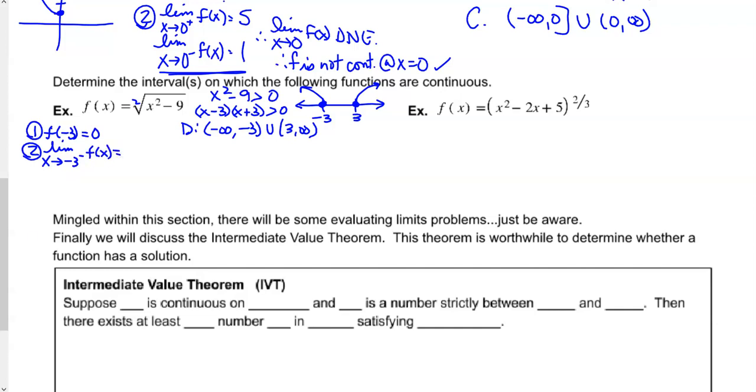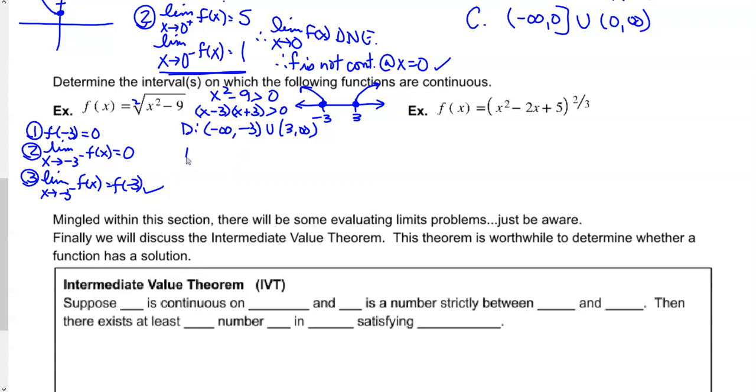Well, I plug negative 3 into my function, and I still get a number, so I don't have to do anything to it. So I know that that's 0. Therefore, the limit as x approaches negative 3 from the left of f of x equals f of negative 3. Therefore, I am continuous at that endpoint of negative 3. So now I can determine that I can block this in with a bracket versus just leaving it open.